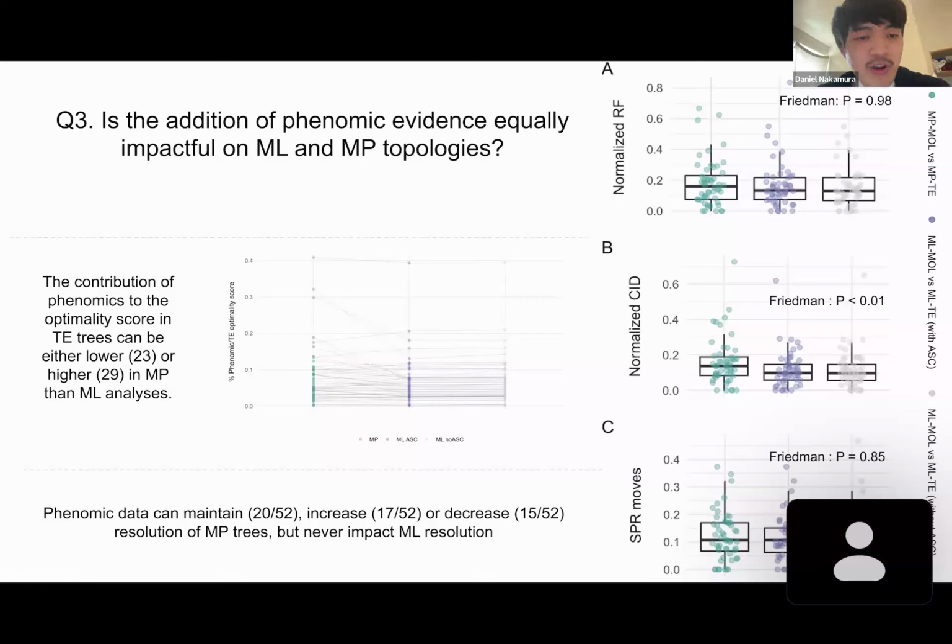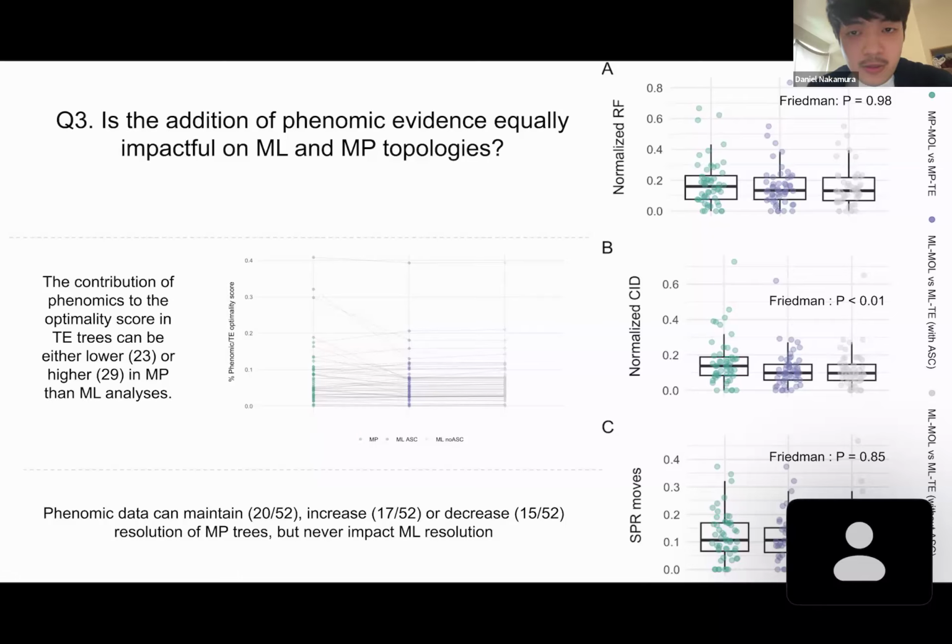And we found that it can be lower or higher in parsimony. In 29 data sets, it was higher in parsimony than likelihood, and in 23 data sets, it was lower in parsimony than likelihood.